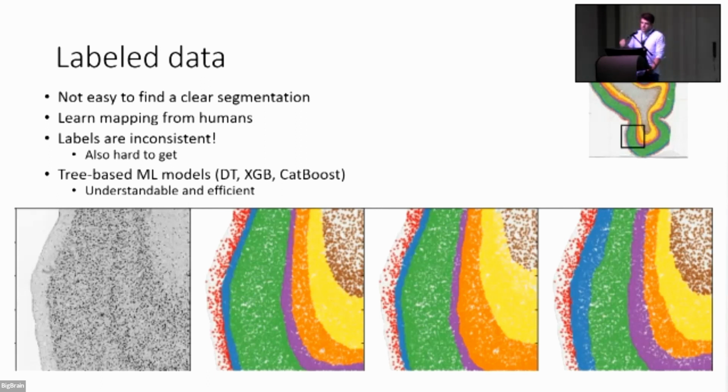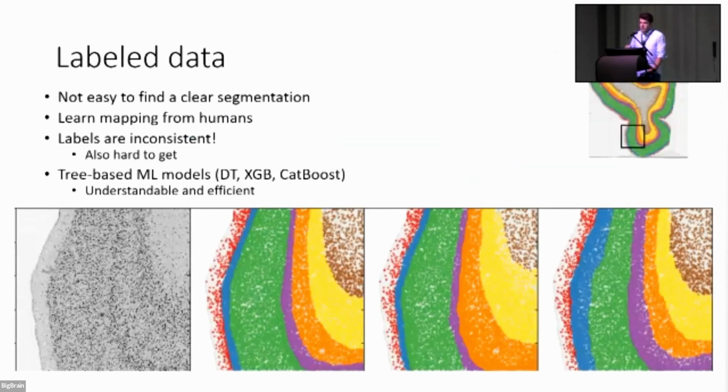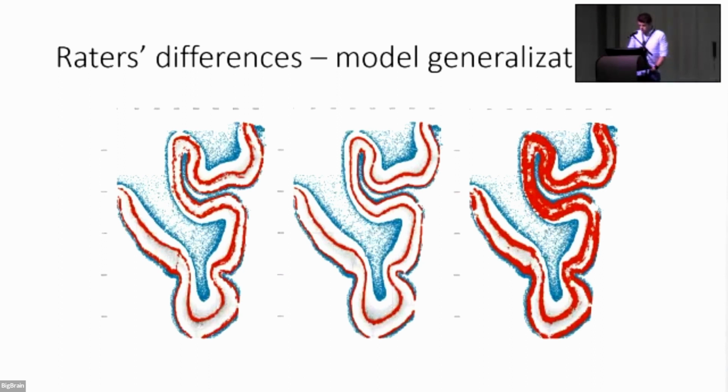So we turned to tree-based models, as we didn't have that many examples for neural networks, and we wanted to stick as much as possible to models that are understandable and efficient on this small data. It's also nice to say, just before that, that they are ensembles. So I will in just a moment say a bit more about that.